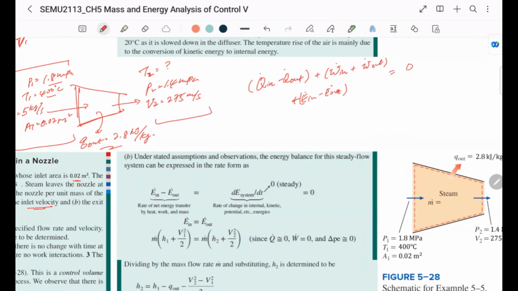So all this equal to 0, okay? Because change of internal energy, change of system kinetic energy, change in system potential energy, all are 0.